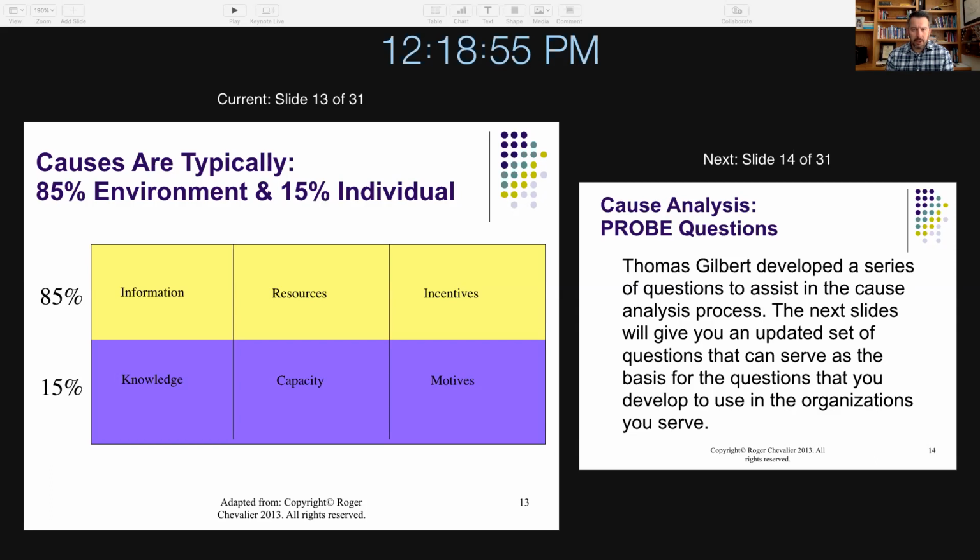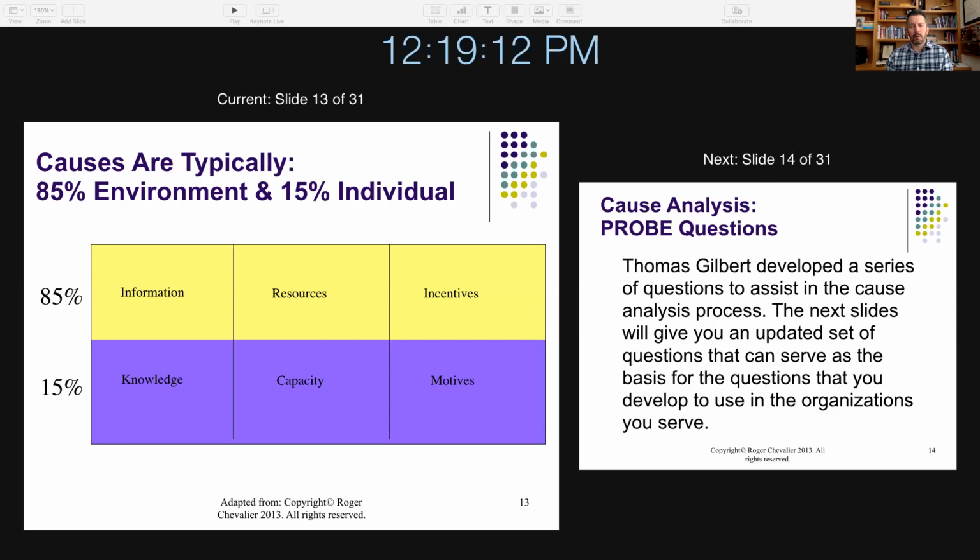And this is information, resources, and incentives. And only about 15% are found within the realm of the performer or the worker or the individual. And those are knowledge, capacity, and motives.